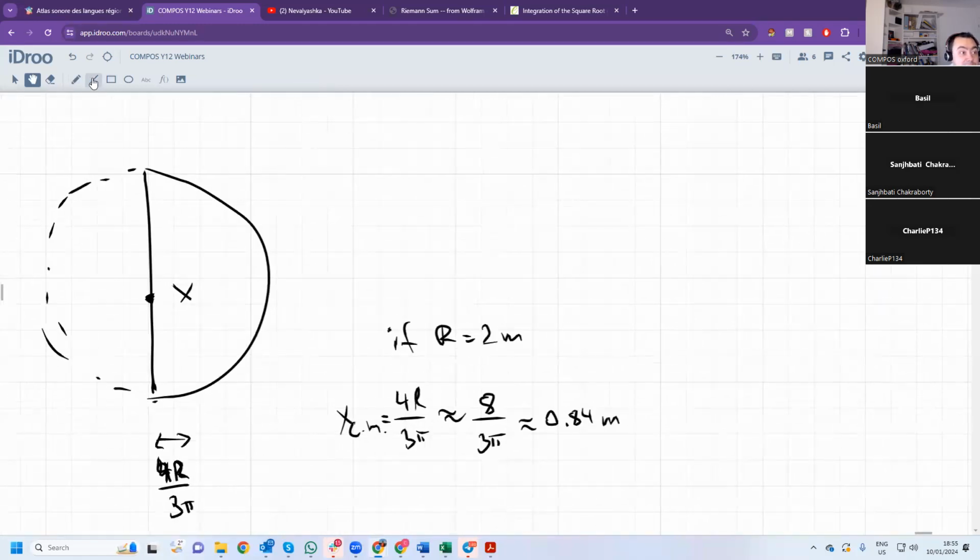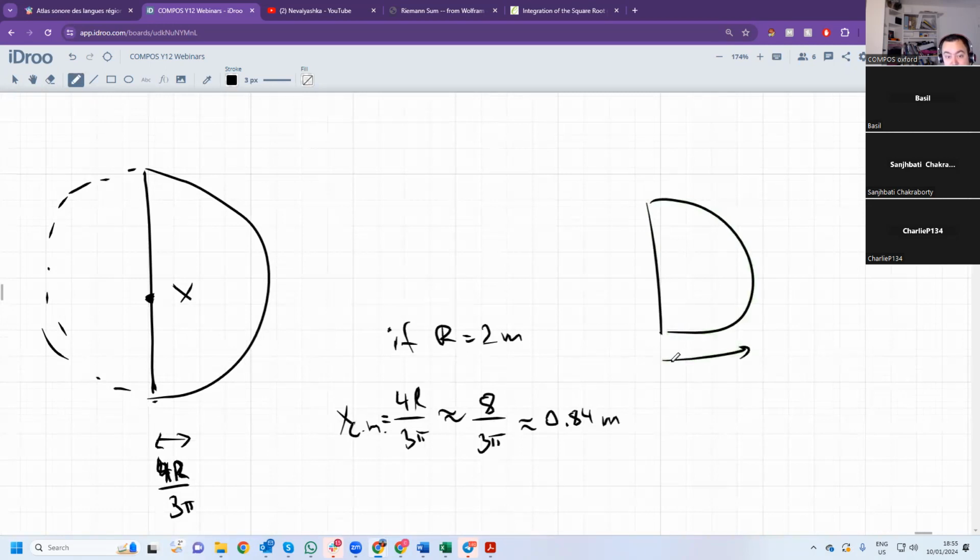So if you take a semicircular disk of radius 2, so this is 2 meters, the center of mass is going to be about 0.84 meters. Very reasonable. So I can see that it's likely that we haven't made a mistake.